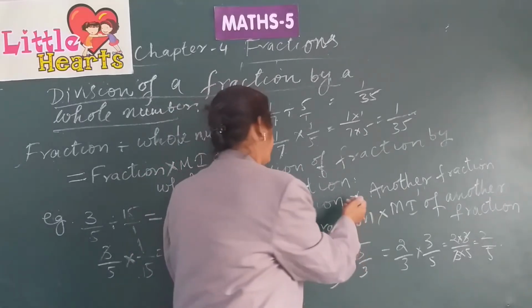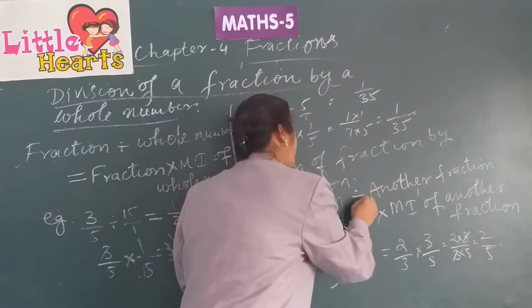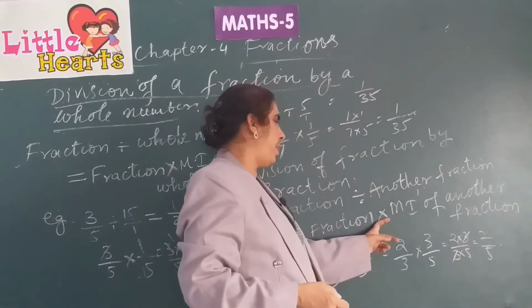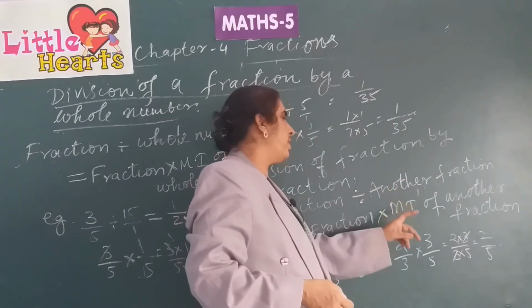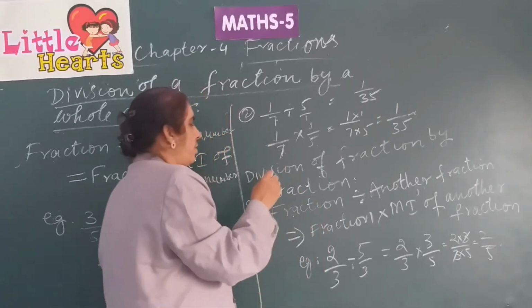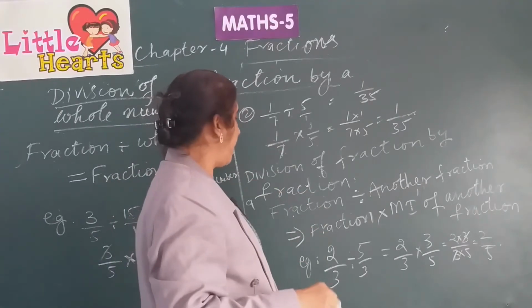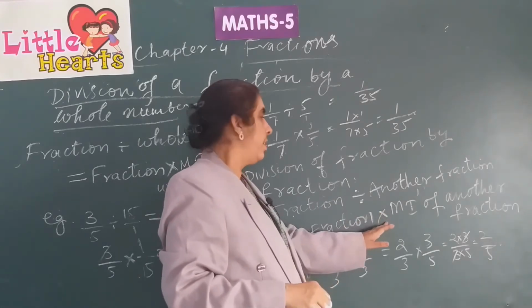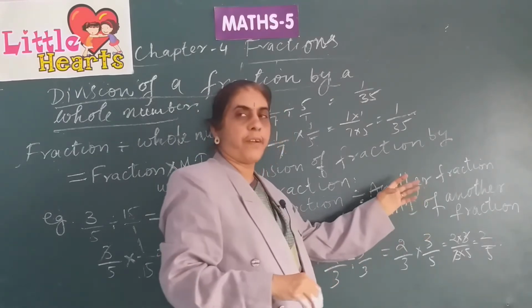And this fraction divided by another fraction, this division becomes multiplication, and another fraction's multiplicative inverse should be written here. So fraction divided by another fraction is equal to given fraction multiplied by the multiplicative inverse of another fraction.